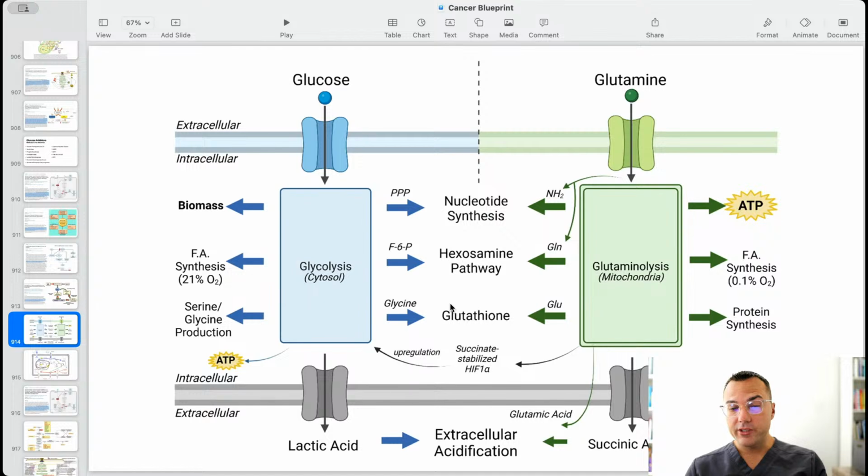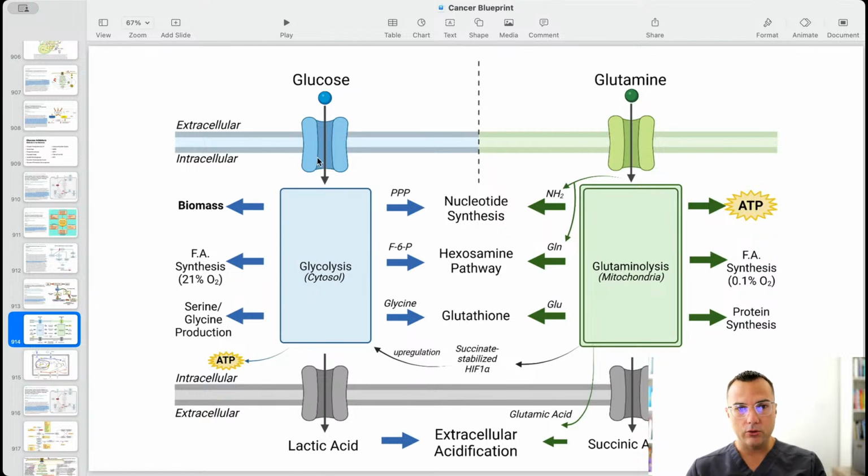And we've definitely touched on glutamine's role in the creation of glutathione, which we talked about a lot when we talked about ferroptosis. But what we have not talked about as much in this series is how glucose is the other end of the spectrum, or the other very important part of how these cancer cells become out of control growth.